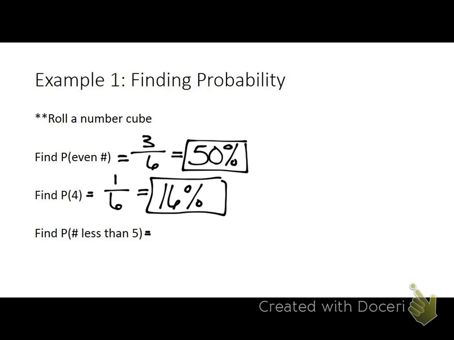Because it's 1 out of 6, you round. It's actually supposed to be 17%, because it's 0.1666, and the 6 rounds up to a 7.